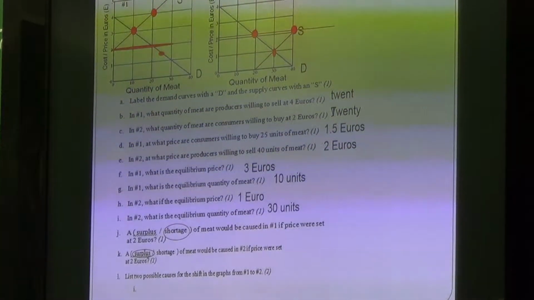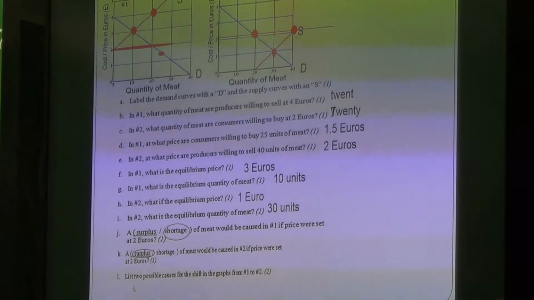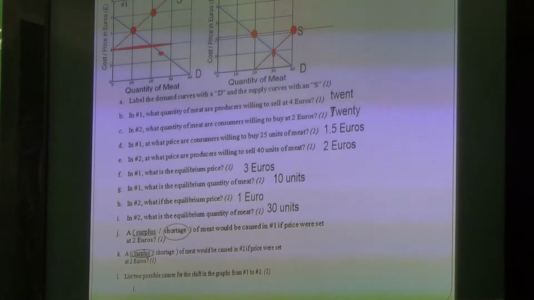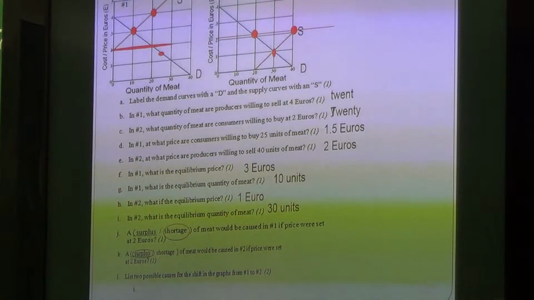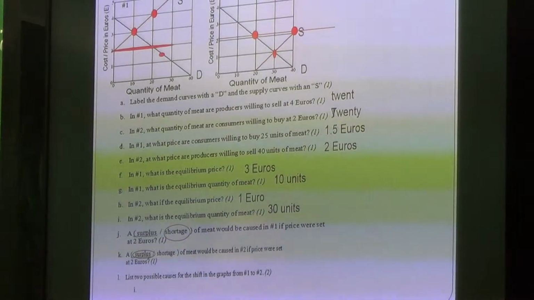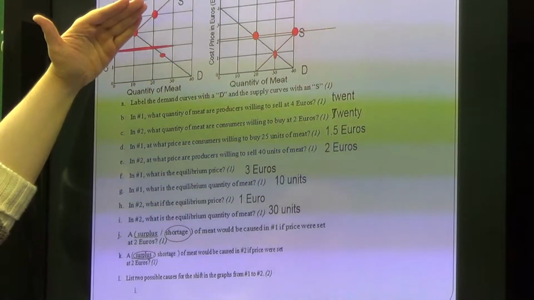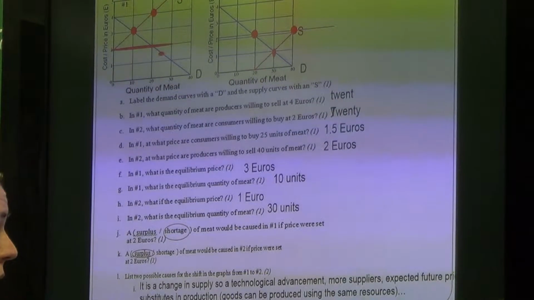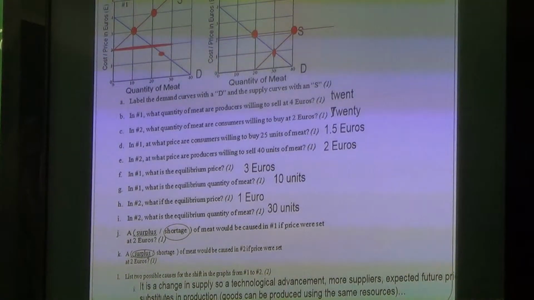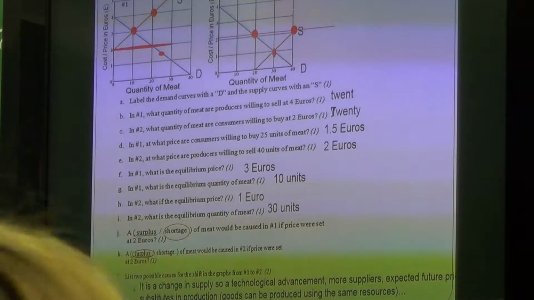So what's happening in these graphs? What's the shift that's occurring, Sydney? Well, more is being supplied. Yes, it can be like the opportunity cost of producing the meat went down. Right. So we're shifting from the supply curve here all the way down here. And then it's a change in supply, so a technical advancement.